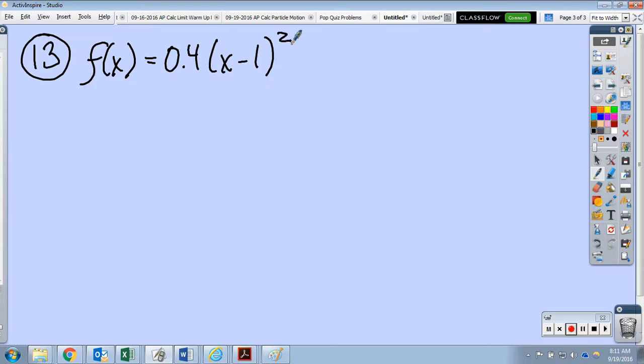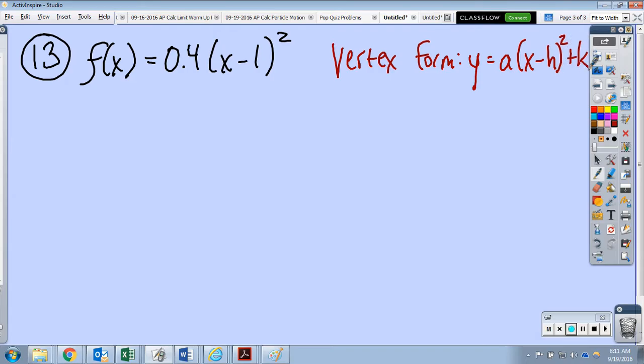What form is this in? This is definitely vertex form. The vertex form again is y equals, you want to have it memorized? A times (x minus h) squared plus k. Very good. Where h, k is the vertex.